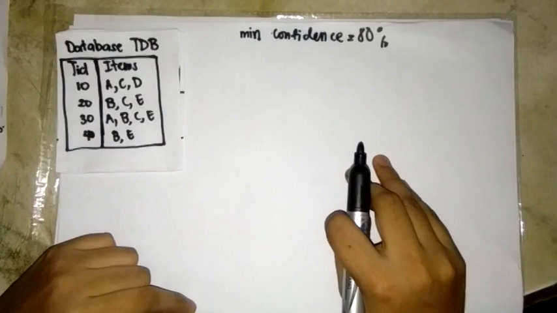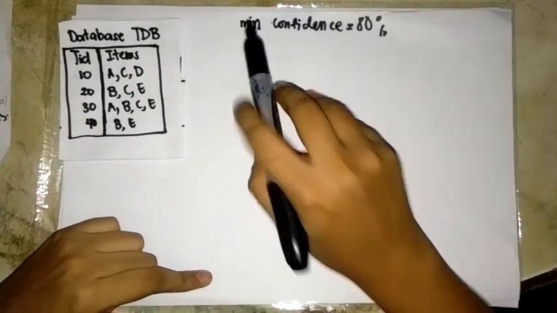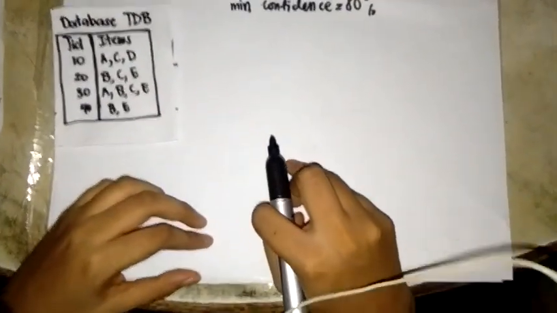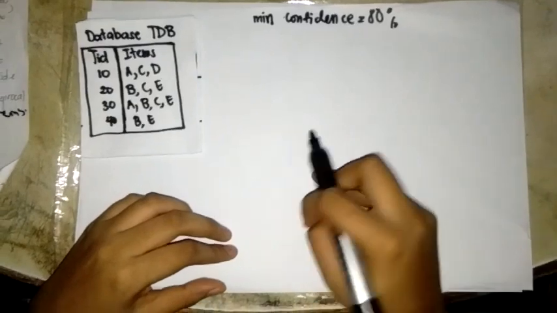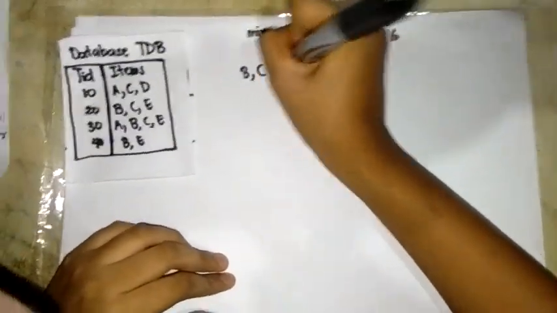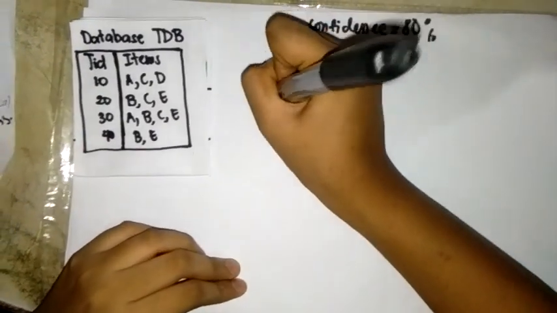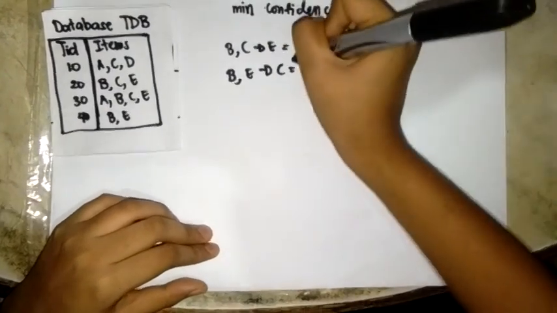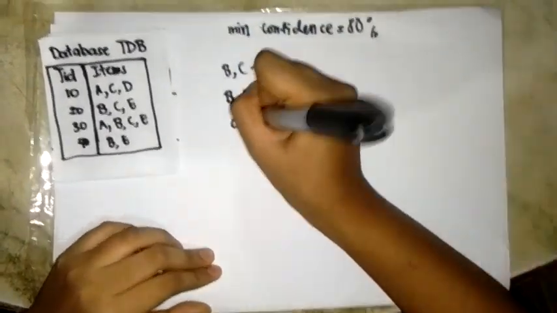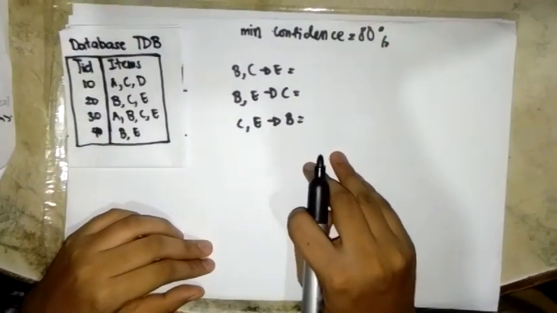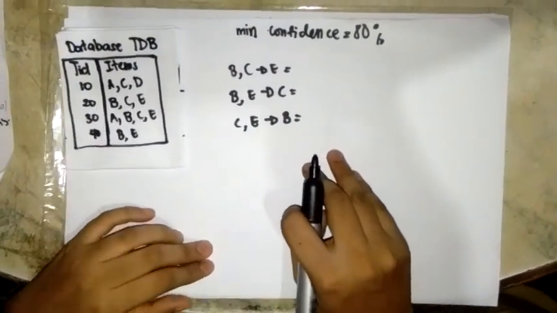This is association rules, which have a minimum confidence of 80%. The association rules are only based on the third candidate. So let's use B, C, and E; B, E, and C; and C, E, and B. So how many BC in the transaction?